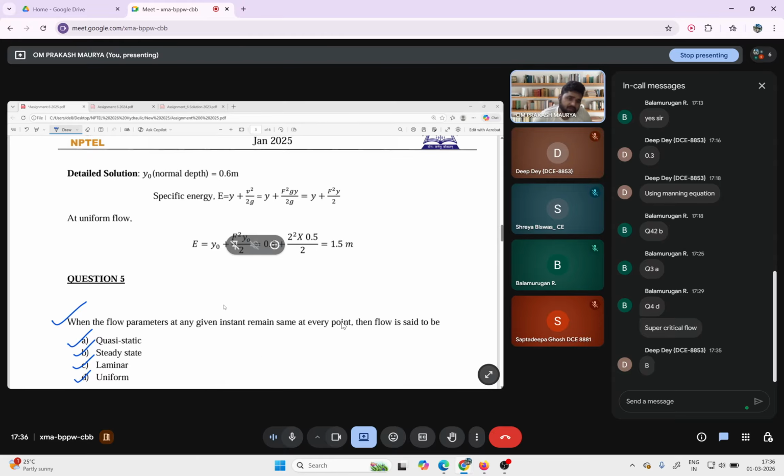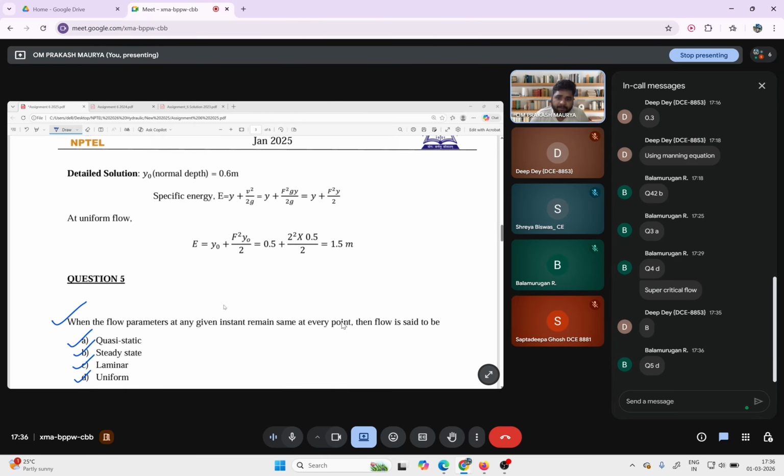Deep is telling option B, that is steady state. Bala is telling option D, uniform. Here the question is talking about a given instant remaining the same at every point. We are not talking about a single point here.